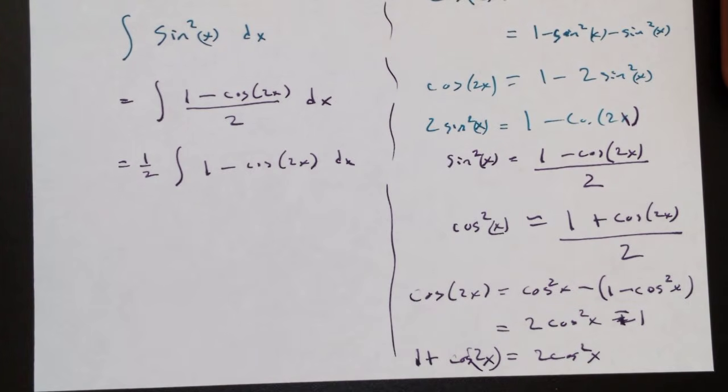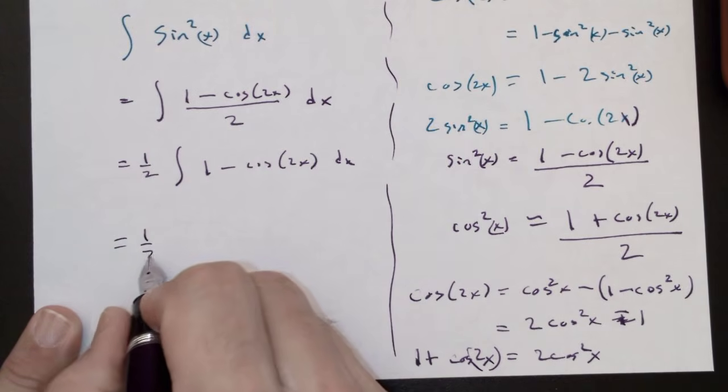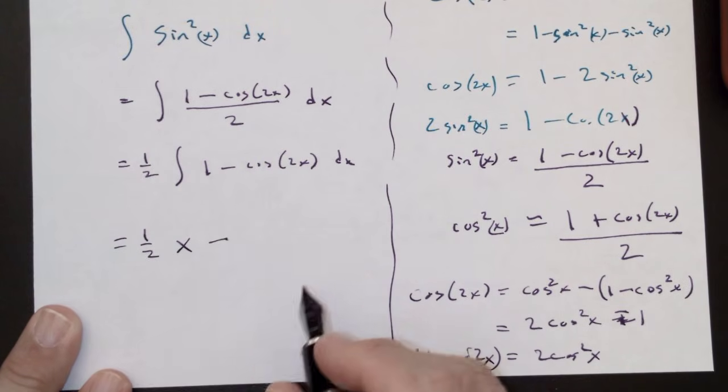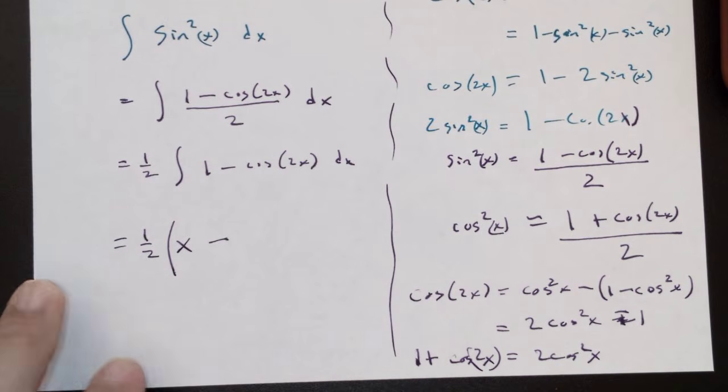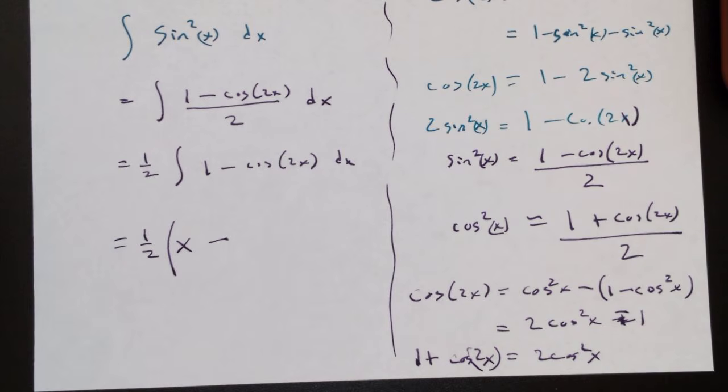We'll walk through it in a minute. What is the antiderivative of 1? That was easy. Aha, to do the cosine of 2x, I need a u substitution, don't I?